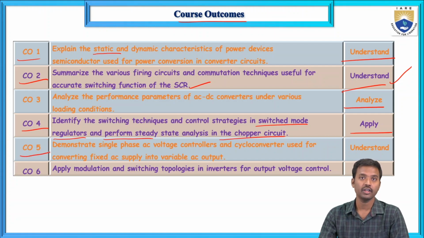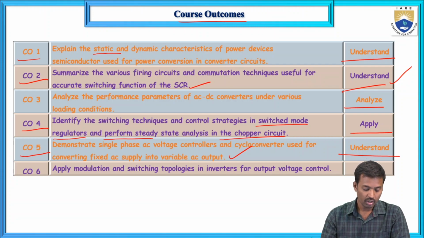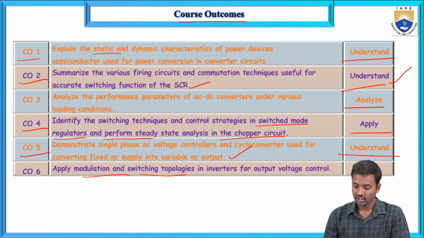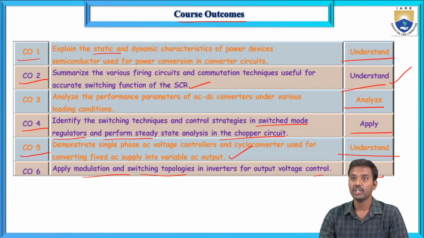And CO5, course outcome 5, demonstrate a single phase AC voltage controller and cycloconverter used for converting fixed AC supply into variable AC output. That Bloom's taxonomy level is understand. And next, CO6, apply modulation and switching topologies in the inverter for output voltage control. The Bloom's taxonomy level is apply.